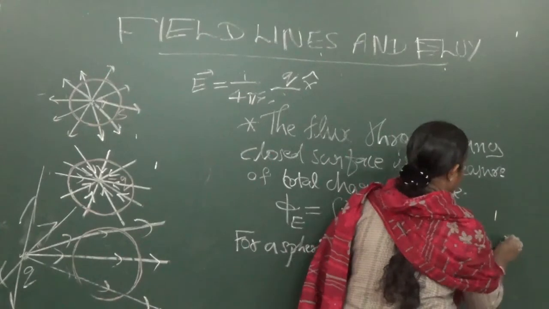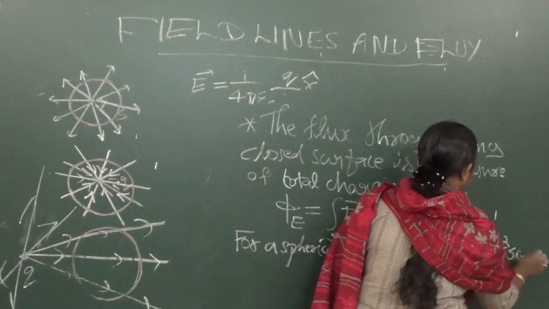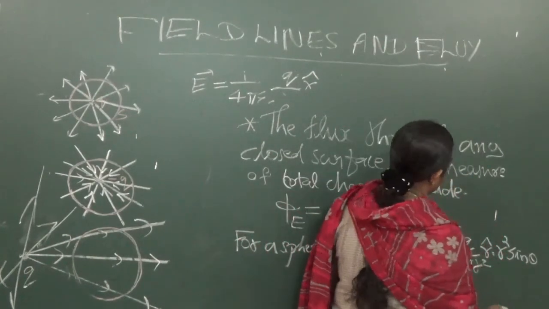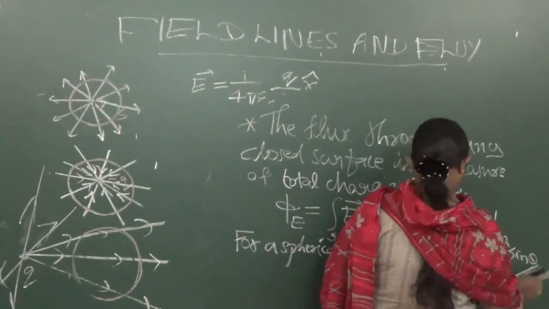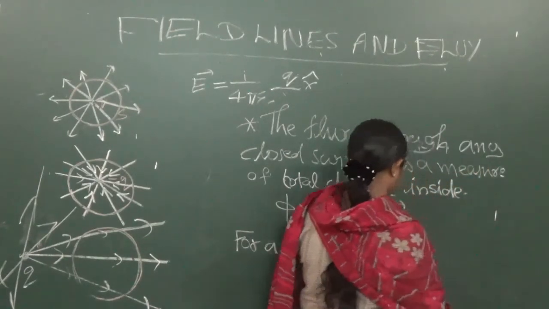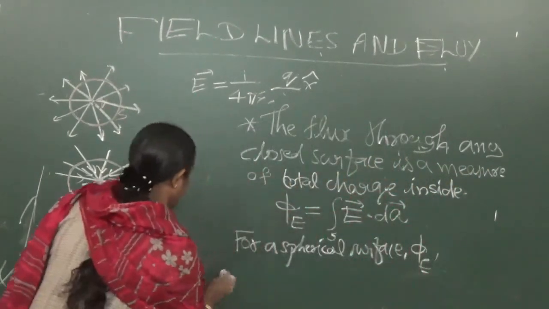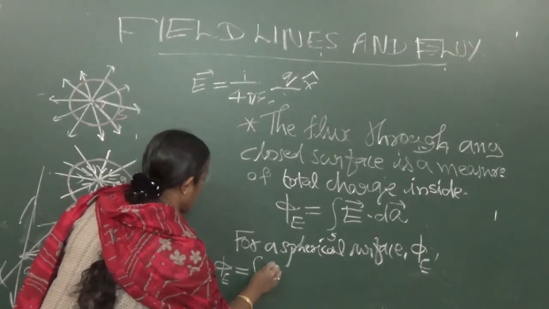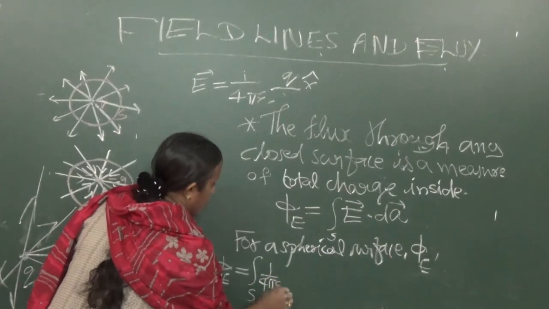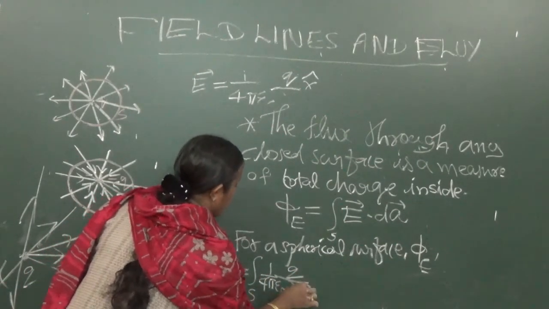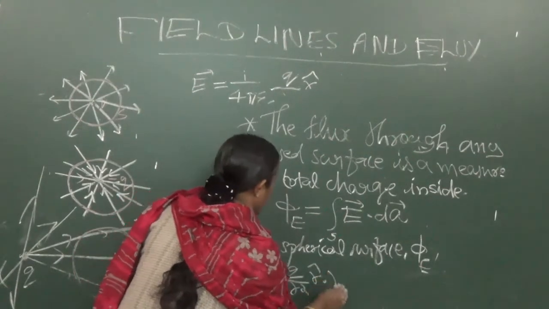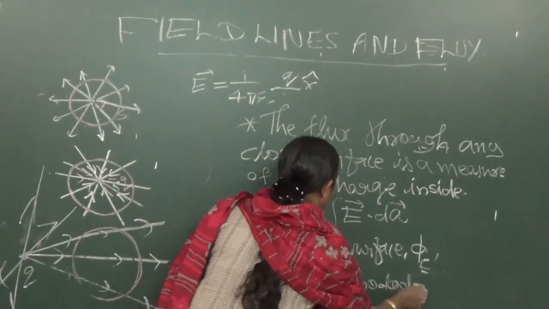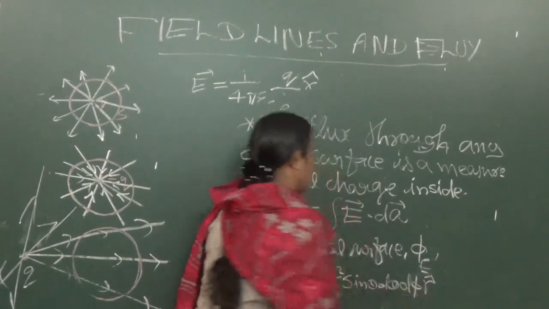So for a sphere, you can write this radial element R square sin theta. I think I can write it in the next line. This flux phi E equals the surface integral of the electric field, 1 by 4 pi epsilon 0 Q by R square R cap, times R square sin theta d theta d phi R cap.